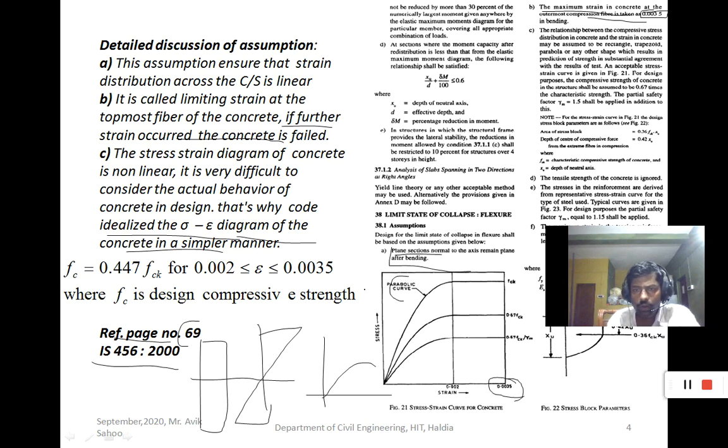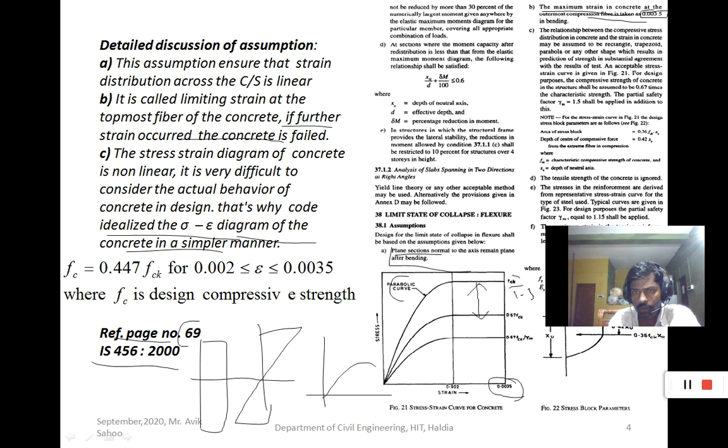So you see that this is the stress strain diagram of the characteristic strength of concrete. After that, we use a factor of safety, and the curve is reduced. This is actual, this is idealized. Then for design purposes, this is reduced using a factor of safety of 1.5.